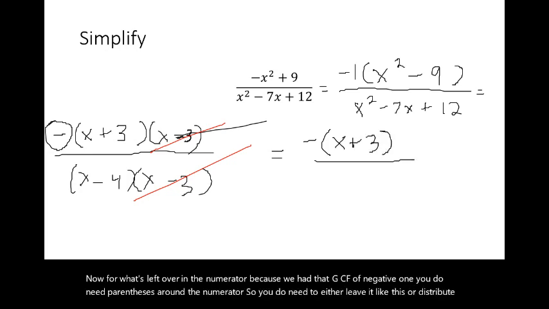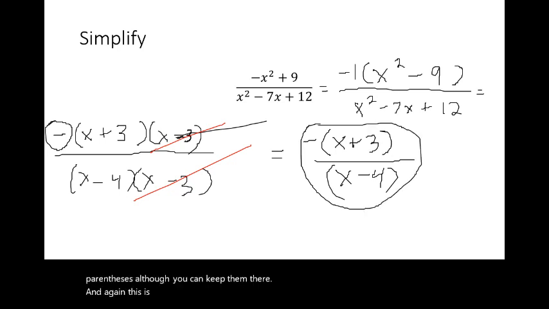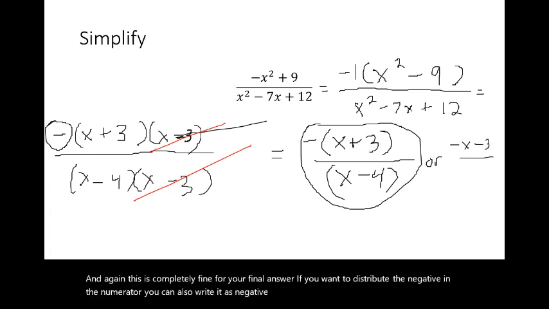And then because x minus 4 is it in the denominator, it does not necessarily need parentheses, although you can keep them there. And again, this is completely fine for your final answer. If you want to distribute the negative in the numerator, you can also write it as negative x minus 3 over x minus 4.